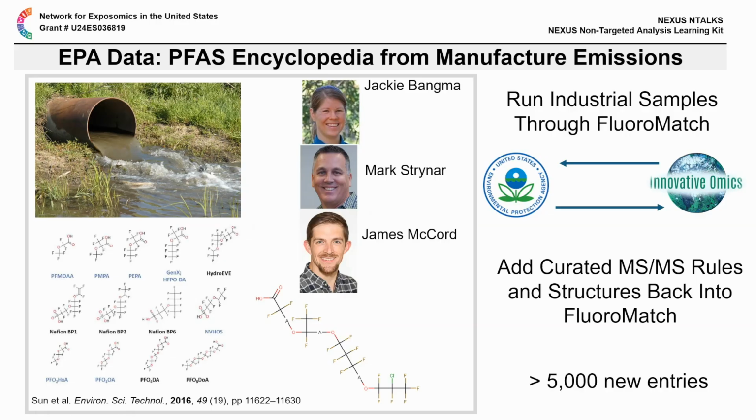So the take home here is that using non-targeted analysis, they're able to identify these new PFAS molecules and then build an encyclopedia of all of the PFAS that may exist. We can think of this as the fire.